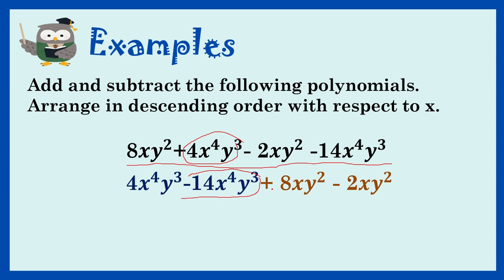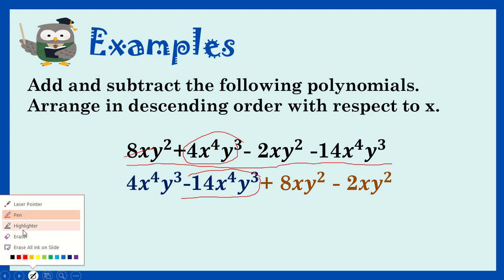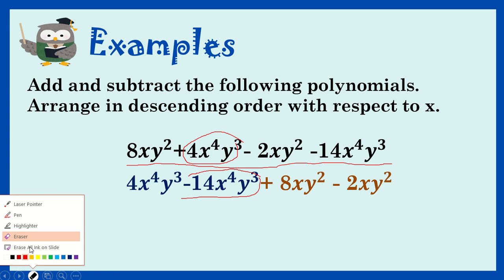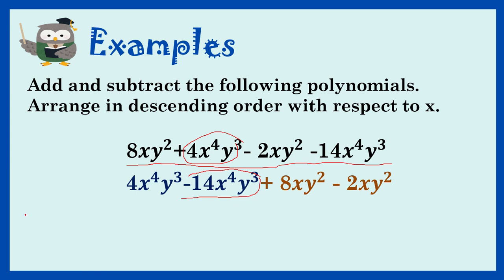Plus 8xy squared minus 2xy squared. Magkamukha din ito. Then what is next? Kapag napag-combine mo na yung mga like terms, ang gagawin mo naman ngayon ay i-subtract or i-add na siya.